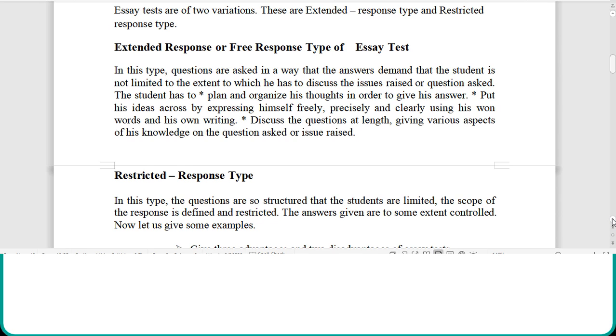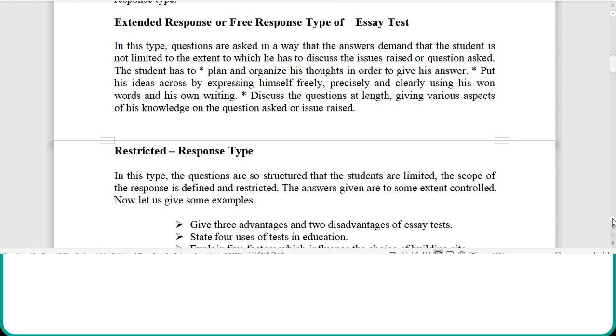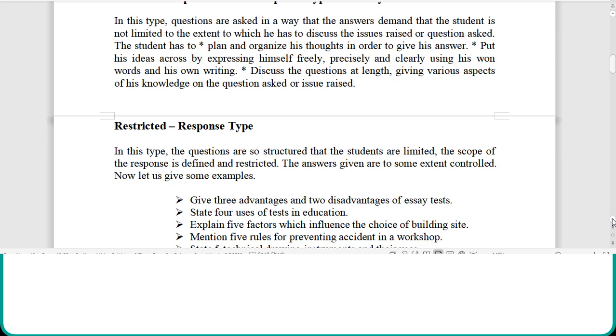The student has to explain and organize his thoughts in order to give his answer, put his ideas across by expressing himself freely, precisely, and clearly using his own words and his own writing. Students discuss the question at length, giving various aspects of their knowledge on the question asked or issue raised.